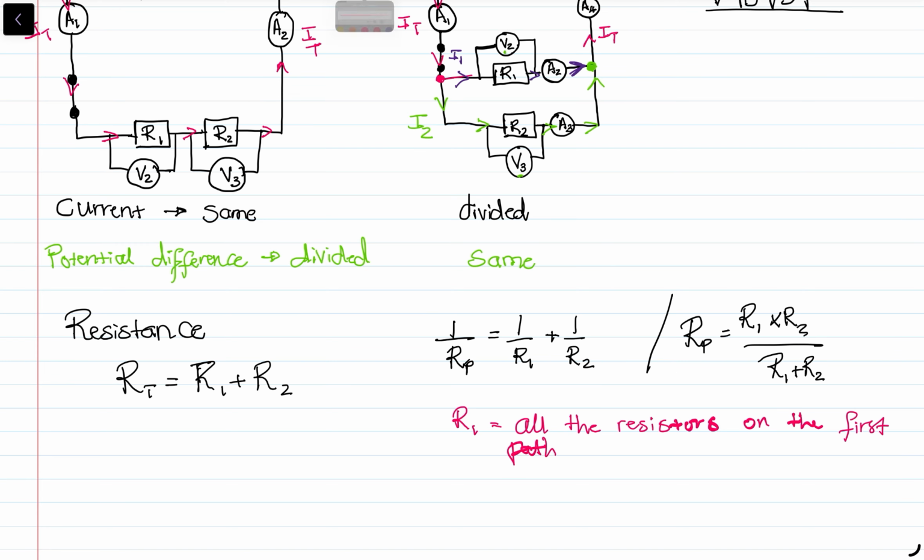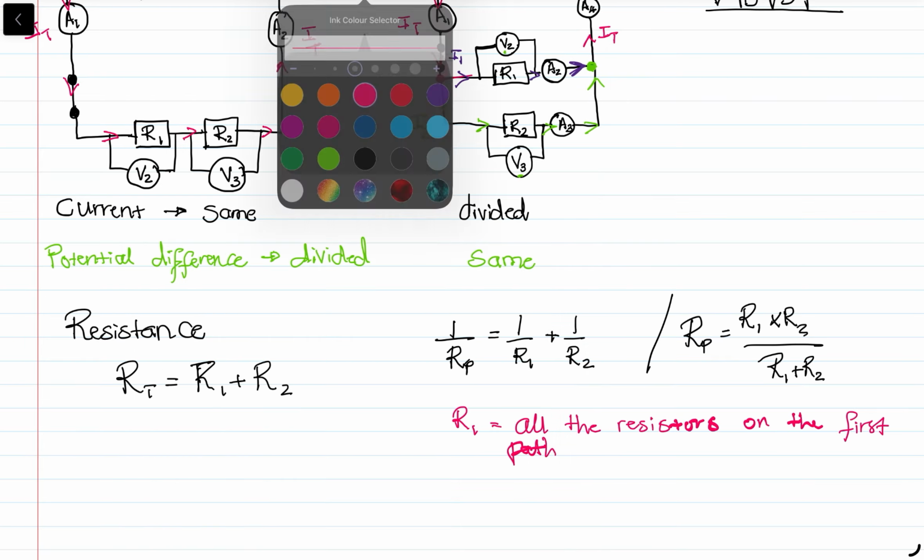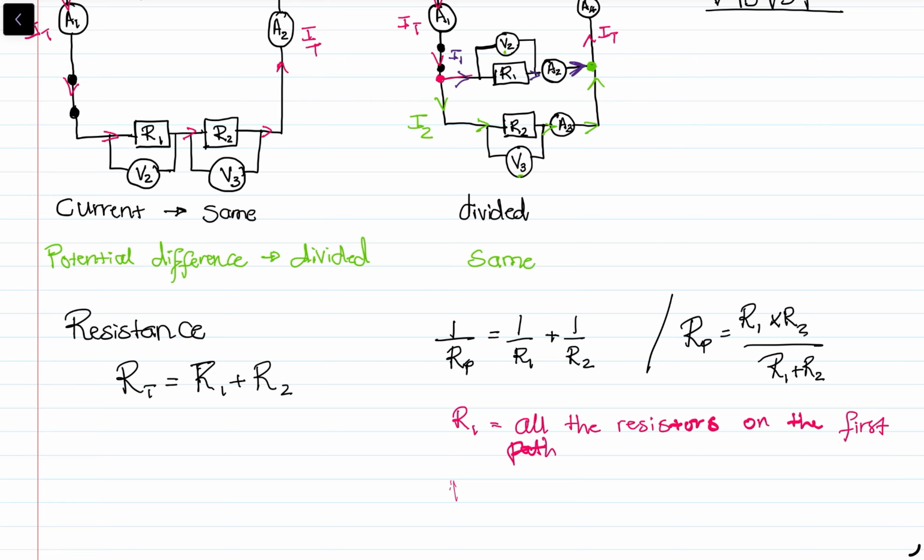And then you're going to have your R2 as all the resistors on the second path.